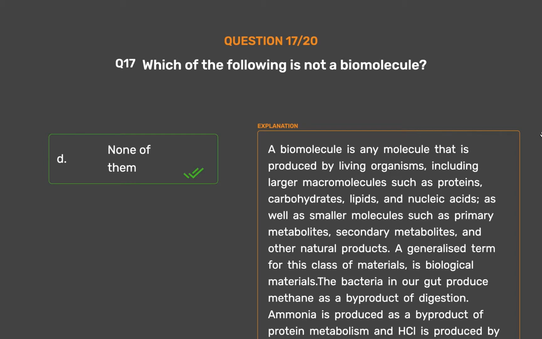A generalized term for this class of materials is biological materials. The bacteria in our gut produce methane as a byproduct of digestion. Ammonia is produced as a byproduct of protein metabolism, and HCl is produced by our very own stomachs to digest everything we eat, making all the three biomolecules.